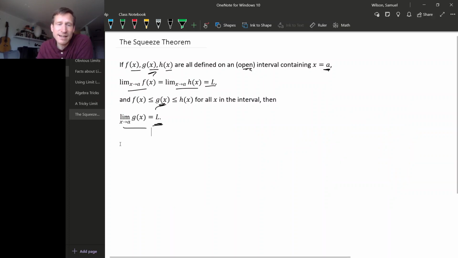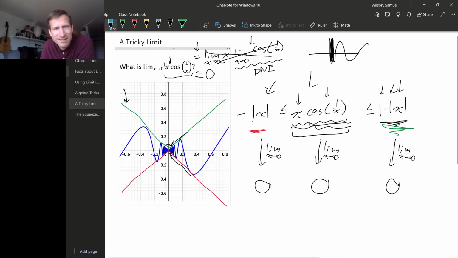This is often a convenient way of calculating tricky limits like this that involve trig functions, when the trig functions wiggle around too much, right? The problem with our first way of calculating this limit was that because the trig function wiggles around so much, it's hard to keep a handle on what's happening, right?